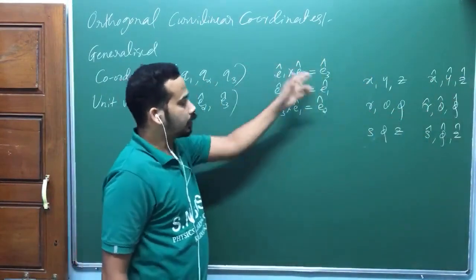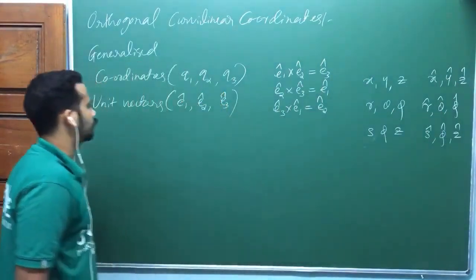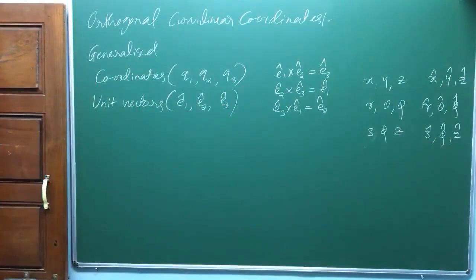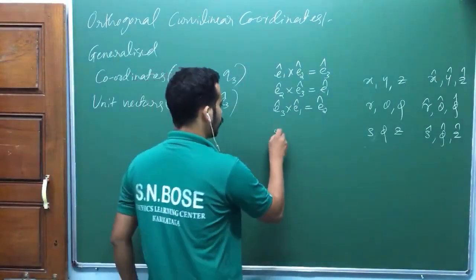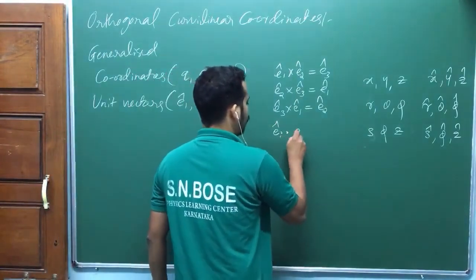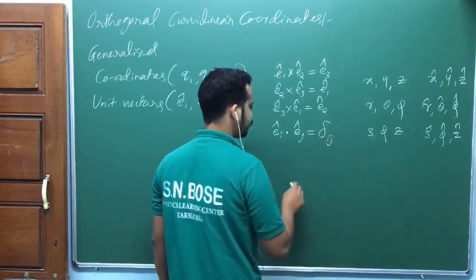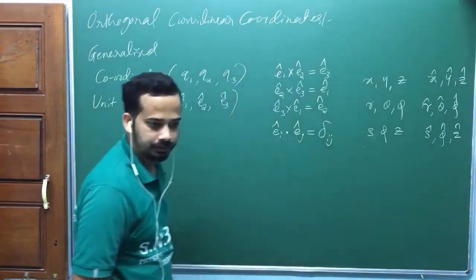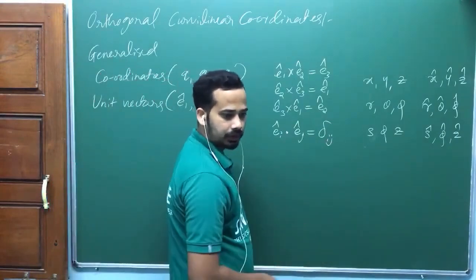So again, they are orthogonal to each other. You can see this from the expression itself. They are orthogonal to each other, and they are unit vectors, so their magnitude is equal to 1. In an orthogonal curvilinear coordinate system, one more thing: Ei dot Ej equals delta ij. If i equals j, they have unit length.